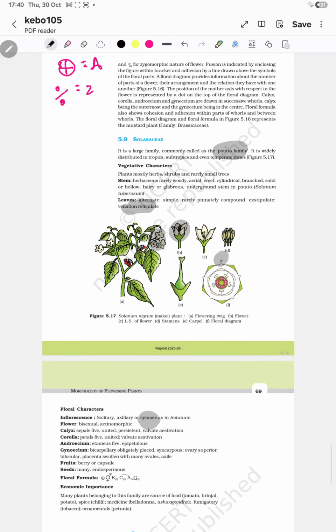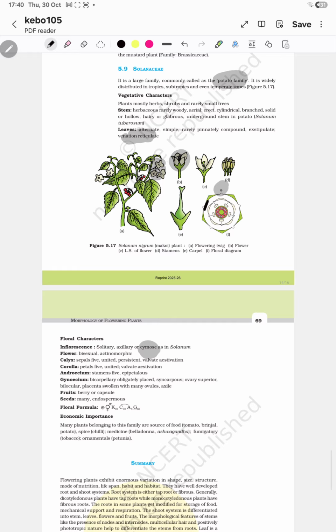See, the margins are non-overlapping here, so it is valvate. 5 fused petals, epipetalous, episepalous. Again valvate aestivation, not overlapping in any direction.